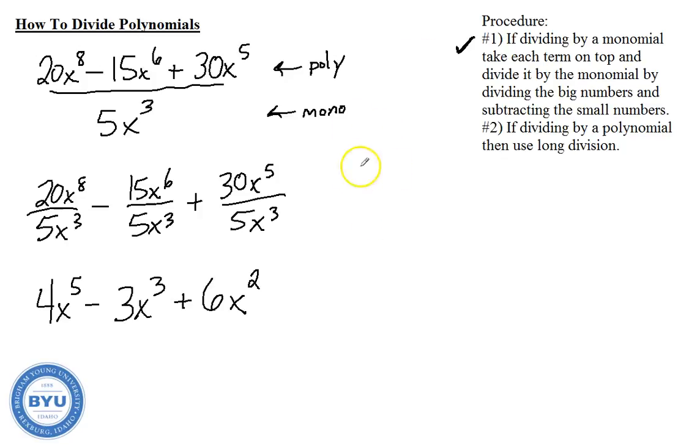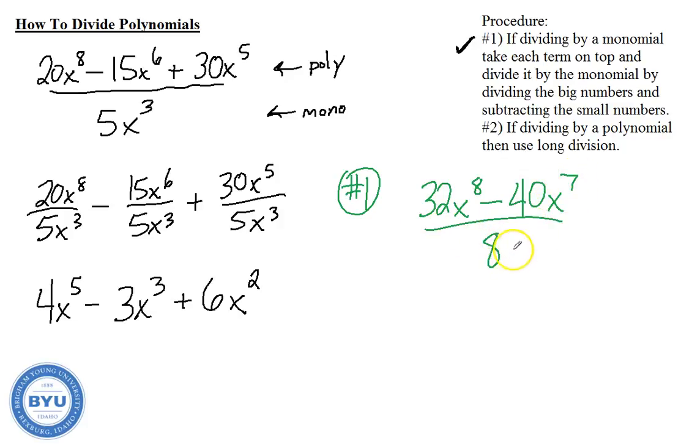Let's have you try one. Actually, let's have you try two really quick. The first one we're going to have you do is 32x to the 8th minus 40x to the 7th, and I want you to divide that by 8x to the 5th. Give that one a try. And I'd also like you to try another one.